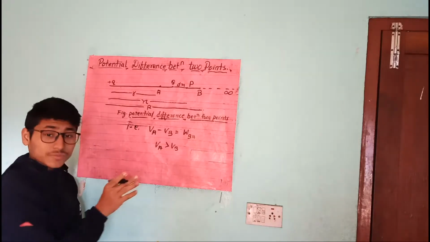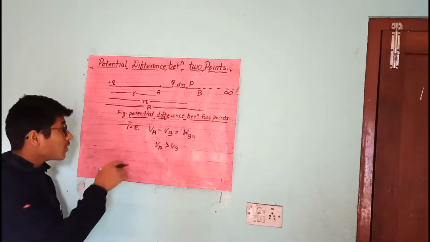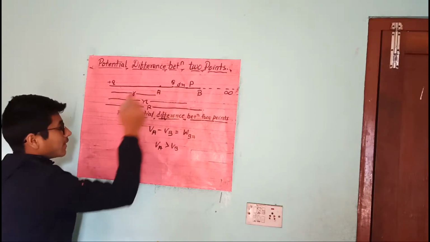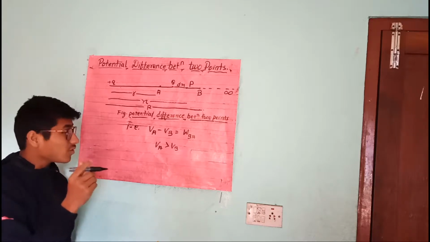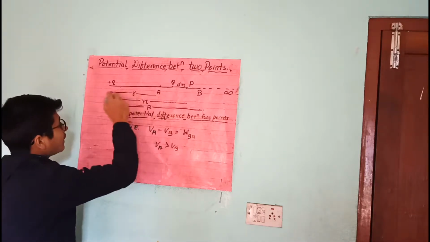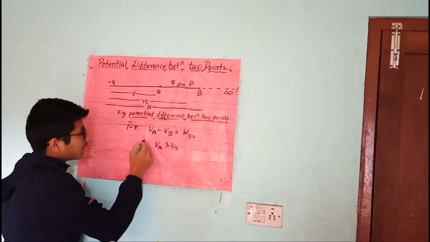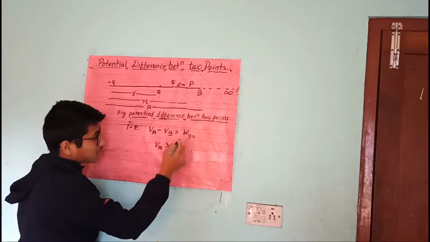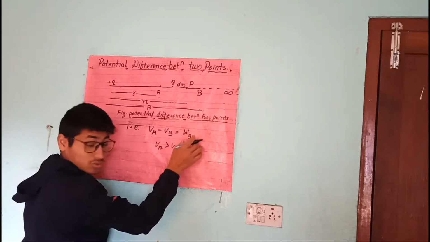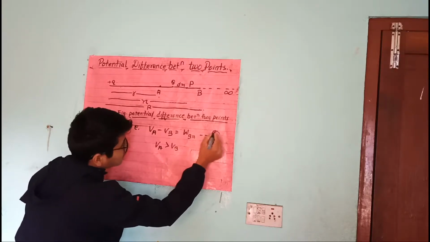When the total work is done to move the unit charge from B to A, the potential difference between A and B is equal to it. So we can write VA minus VB is equal to W BA. We can express it in this equation.